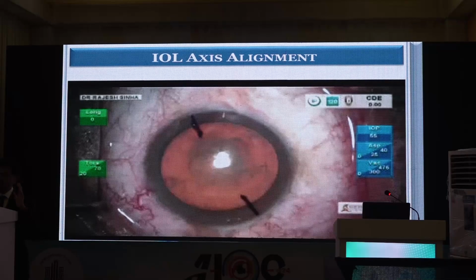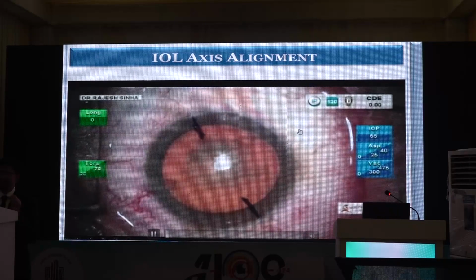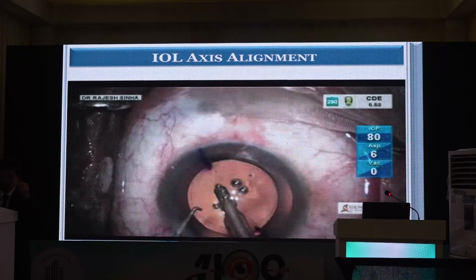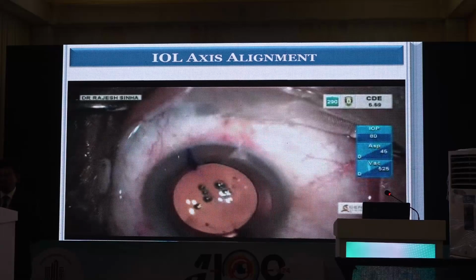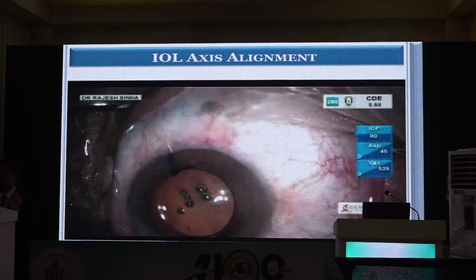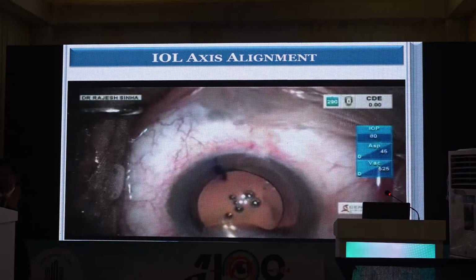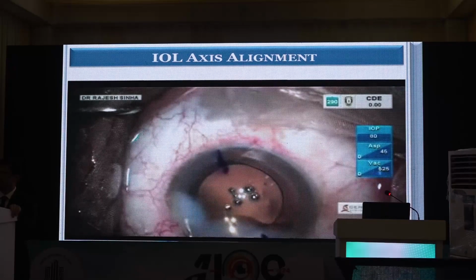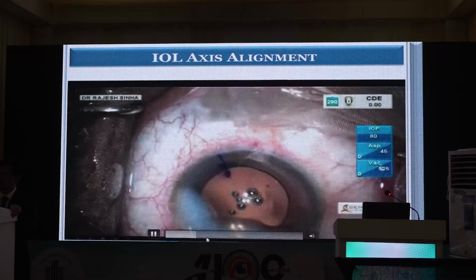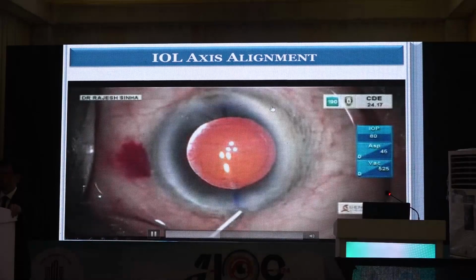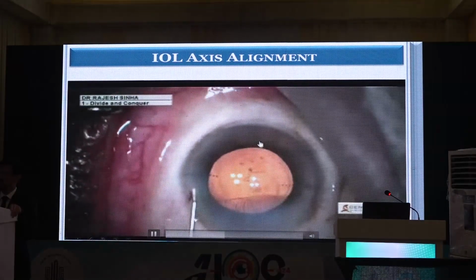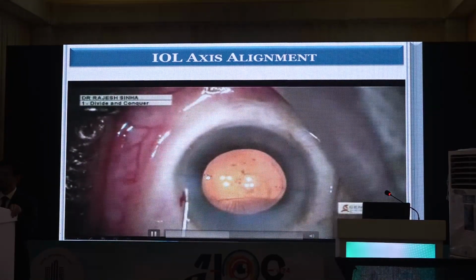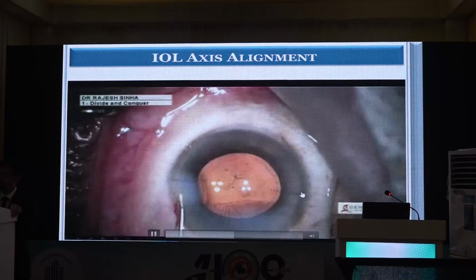Because of that, we have to mark in a sitting position, and once the patient lies down, based on the 0-180 and 6 o'clock position, we can mark the axis exactly. Once the axis is marked, you align the IOL along the axis, and this is how it looks. You can see the mark of the IOL and the mark on the cornea.